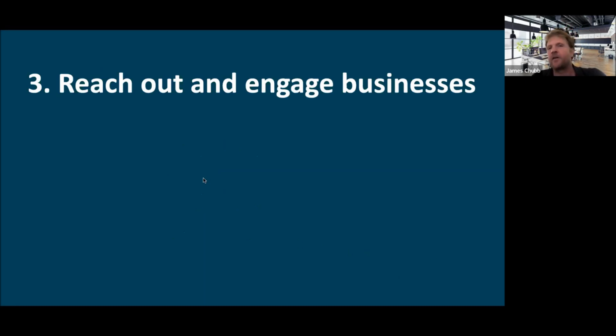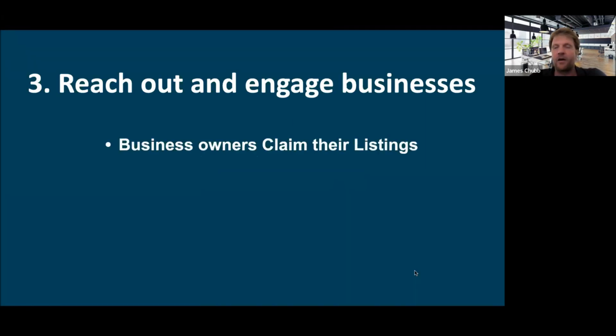So after you have that going, you're building an audience. The next piece of it often is just reaching out and engaging businesses. These are typically the listing owners. eDirectory has a feature where you can claim your listing. So the business owner, you can send them an email and say, hey, you're part of our guide.